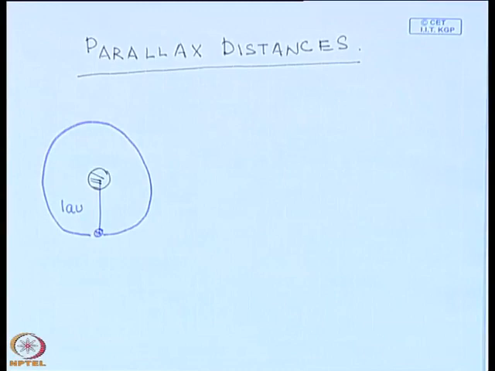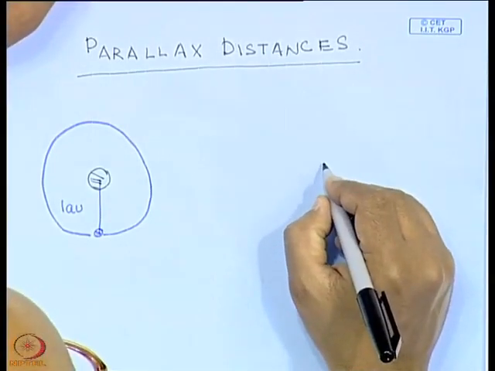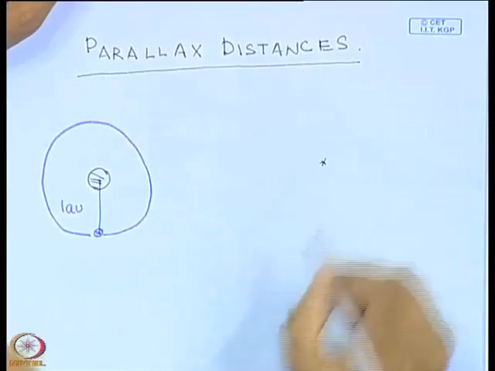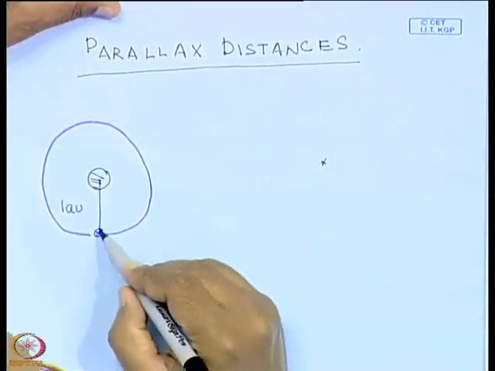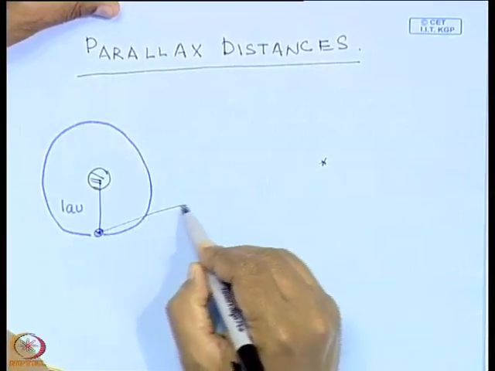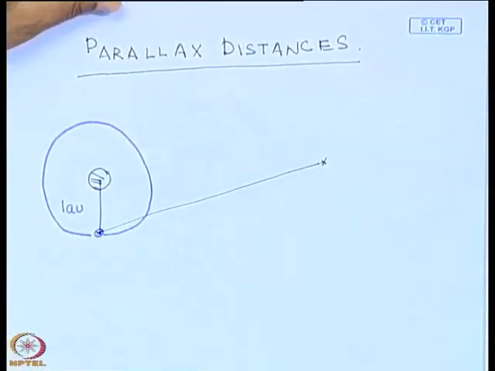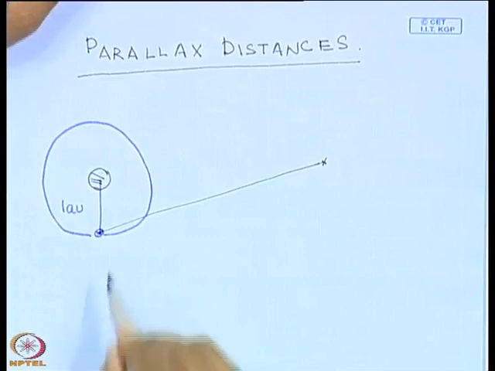Now, if you look from the earth, if you observe a star, let us say that this is a star, we observe this star from the earth, and this is the angular position of the star when the earth is at this position.